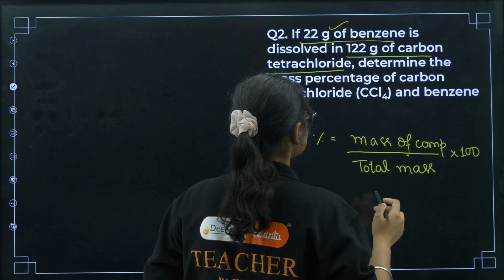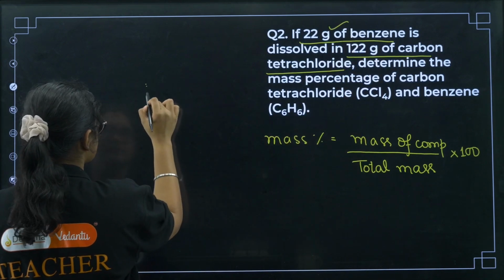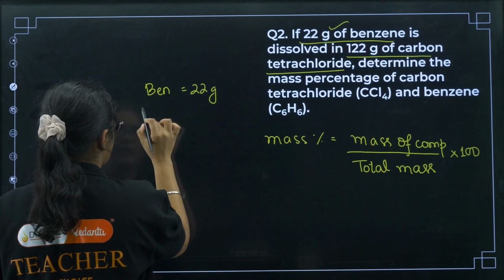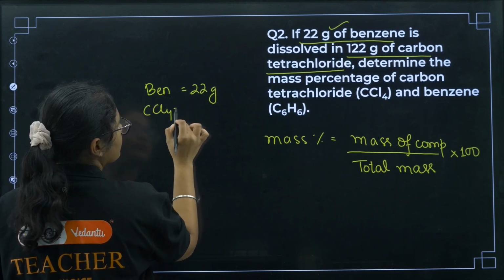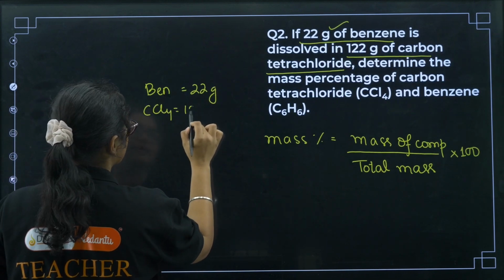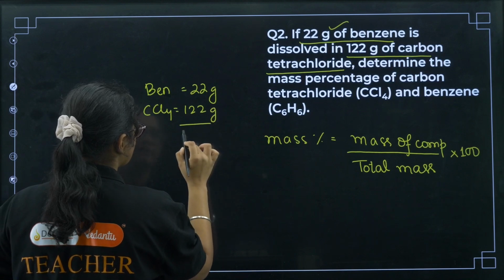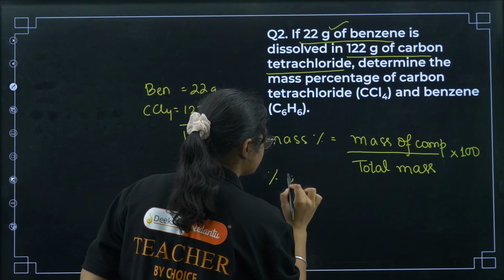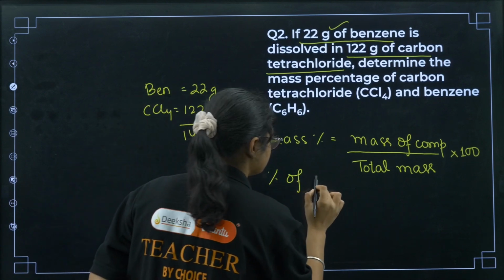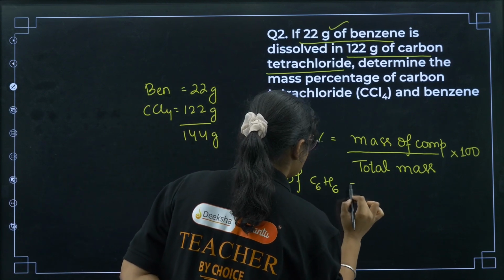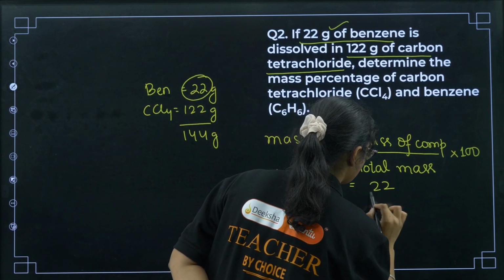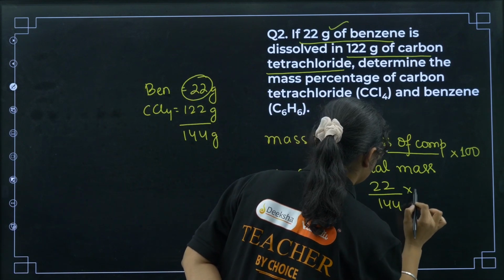22 gram of benzene is taken, so the mass of benzene is 22 gram, and carbon tetrachloride, that is CCl4, is 122 gram. If I add them, I get 144 gram total. Benzene percentage will be the mass of benzene divided by the total mass into 100.